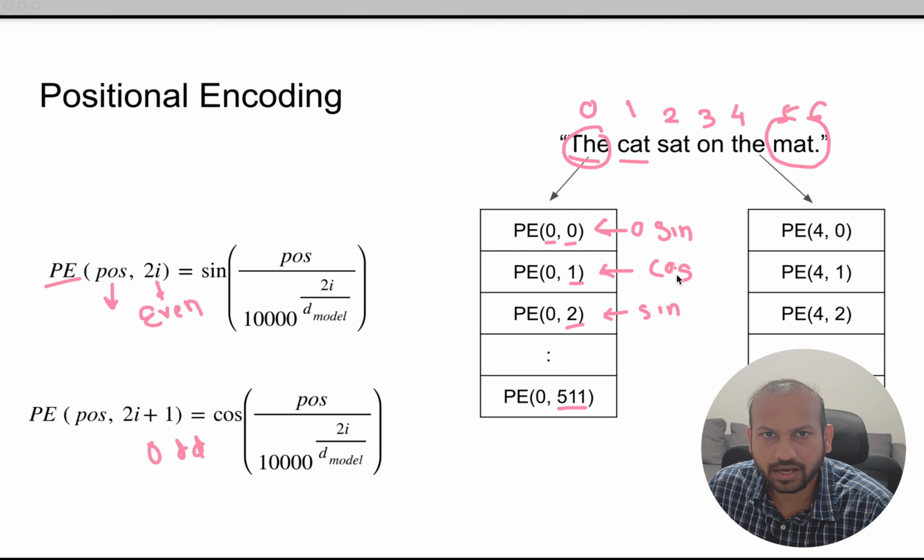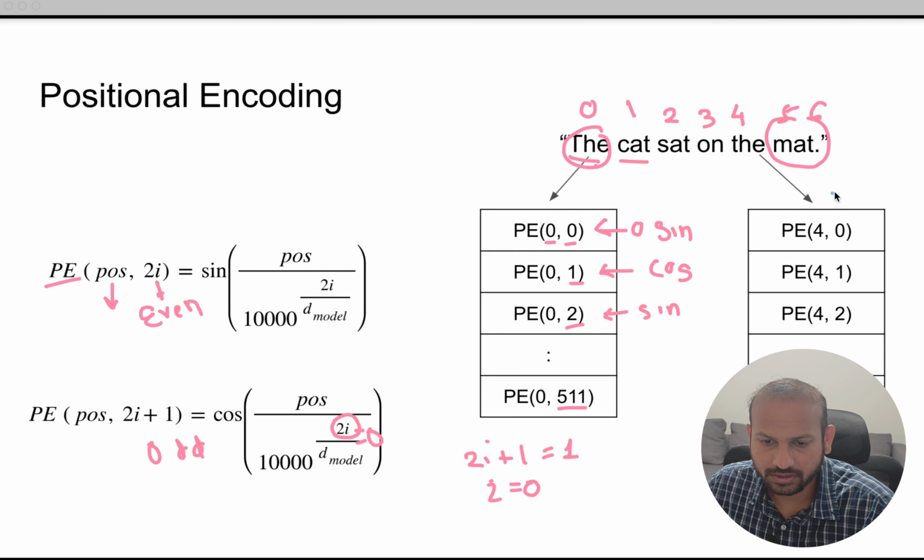So we will use sine and cosine in that order. One thing that we need to understand is this parameter here for cosine: even though the index is 1, we use 2i. So here 2i plus 1 is 1. So that's why here i is actually 0, right? So here for this position we will use 2i equal to 0.